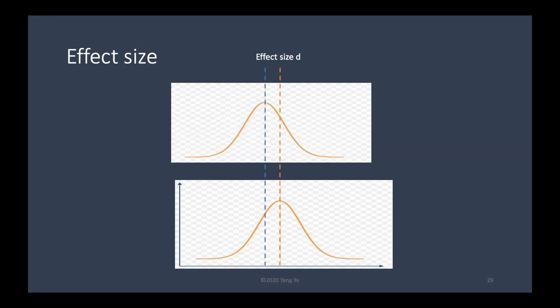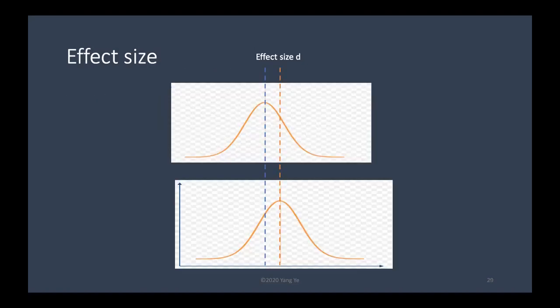So this d is just an effect size indicating the difference between two means. There are other effect size indicators, such as correlation, which indicates the extent to which two quantitative variables are correlated, and R squared. But conceptually, effect size just indicates how big the effect is in reality.